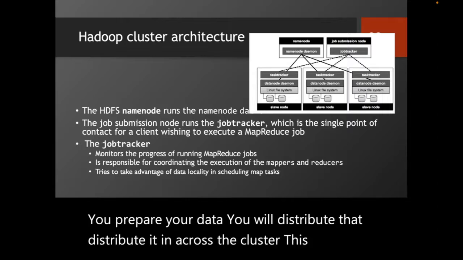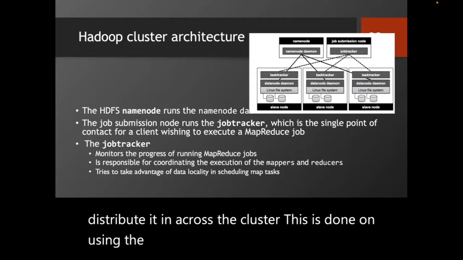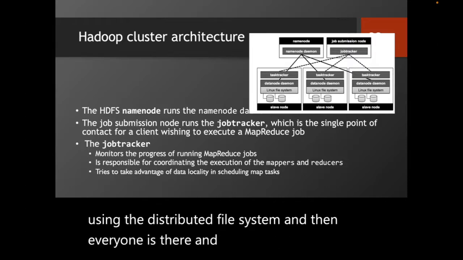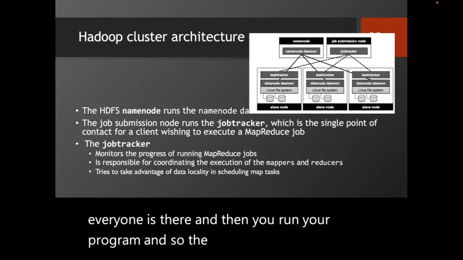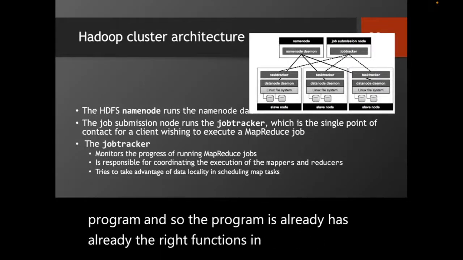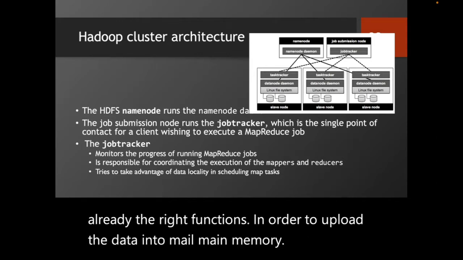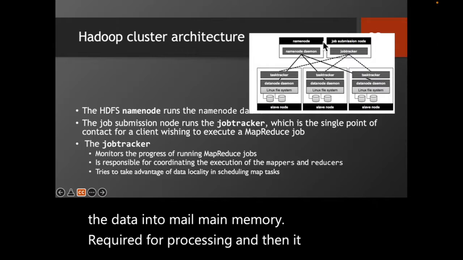This is done using the distributed file system, and then everyone is there, and then you run your program, and the program already has the right functions in order to upload the data required for processing into main memory, and then it runs, and this is observed.